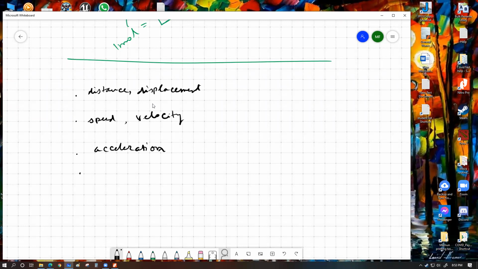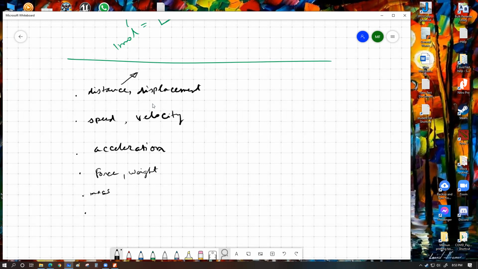And then we have force. What do we mean by force? We also have to define what we mean by mass. And then weight is also a type of force, so might as well write it over here. And that's basically it for the definition parts.